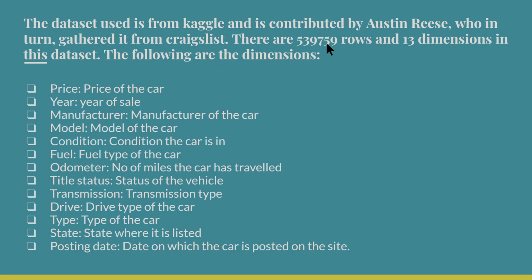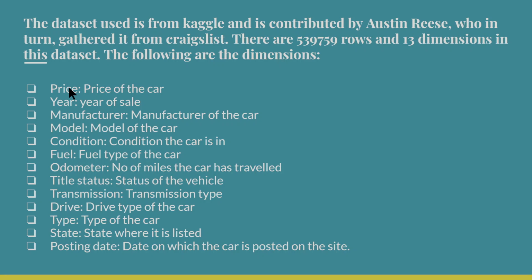So the original data set was much bigger, and we'll talk about that more when I get into the data cleaning section. But these are the columns we have selected for our data set. This is what we're going to be focusing on. This is what we're going to visualize and in turn find the price of any given car given these other dimensions. So dataset cleaning.